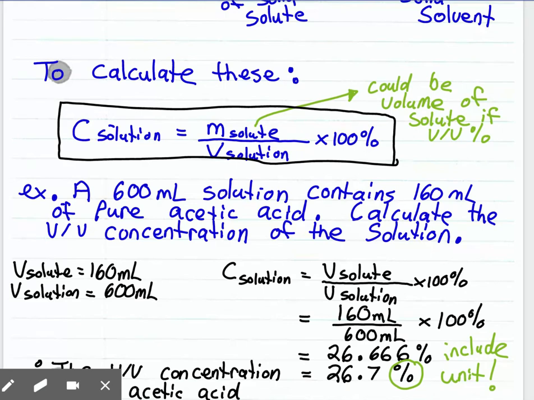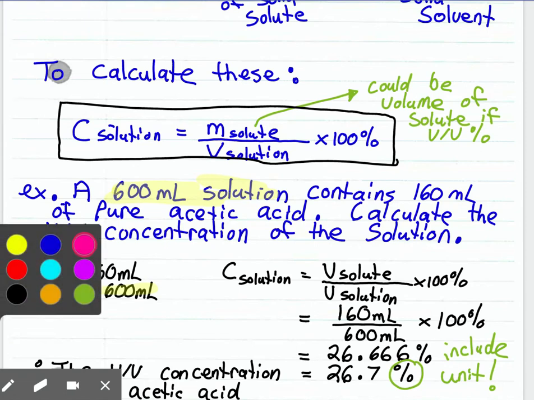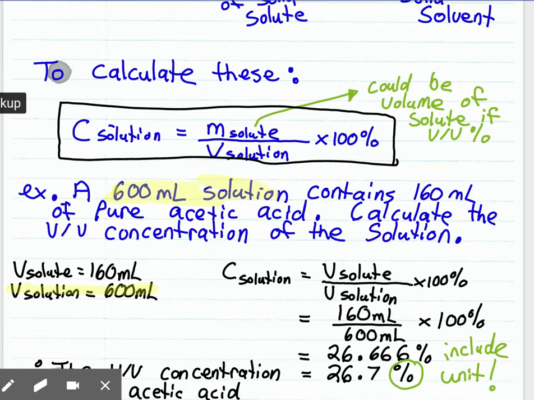So we have a 600 mil solution. So that's telling us that the volume of our solution is 600. And it also says that it contains 160 mils of pure acetic acid. So the volume of our solute is 160 mils.